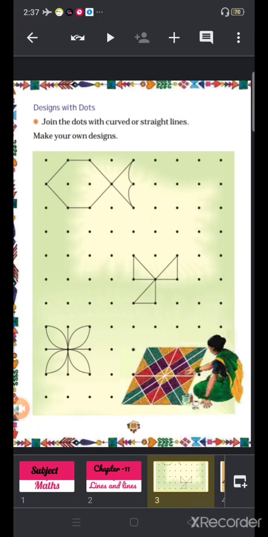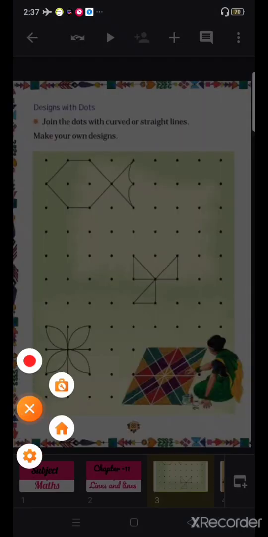Okay? So, design with dots. When you join these dots, you will make a figure. So, join the dots with curved or straight lines. Make your own designs. You can draw any type of design here.